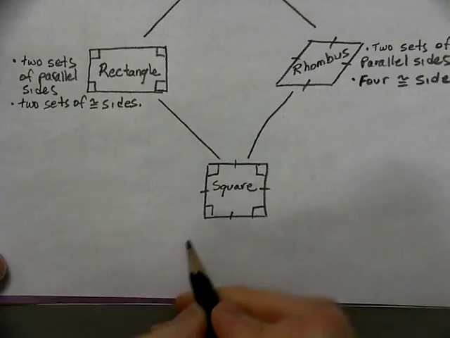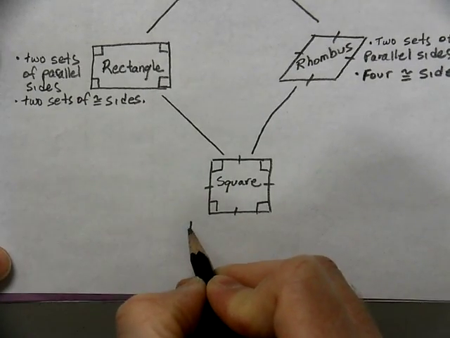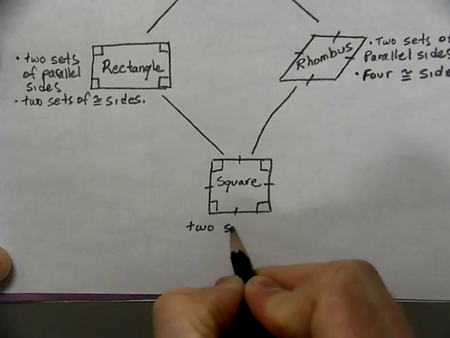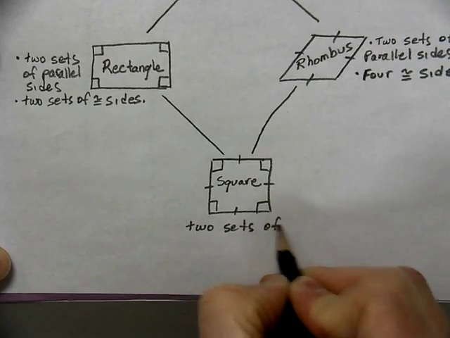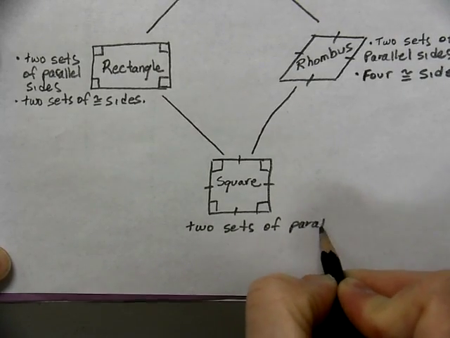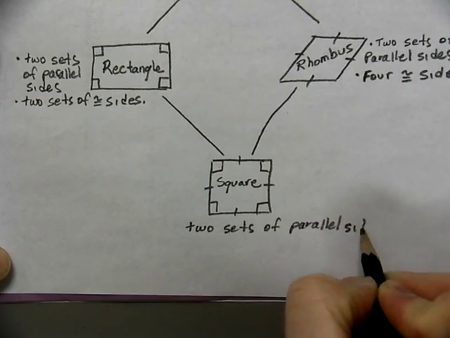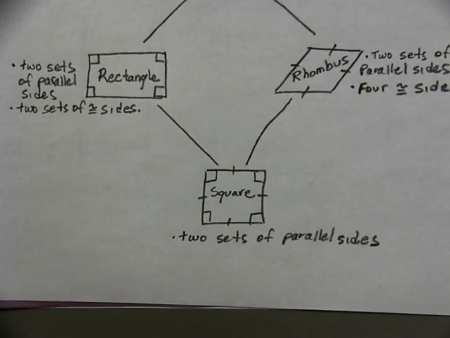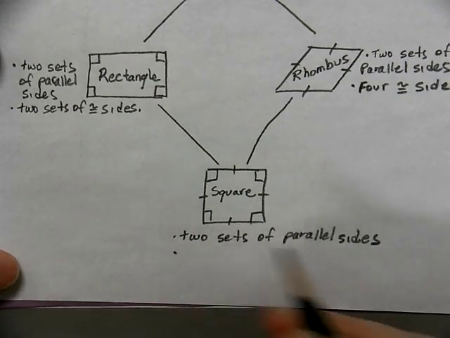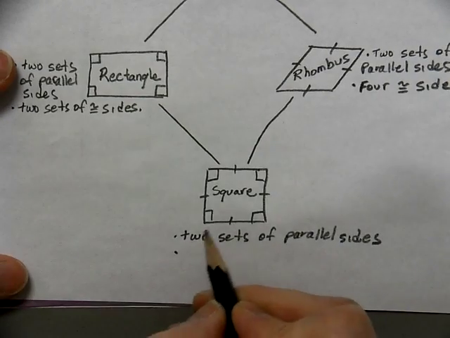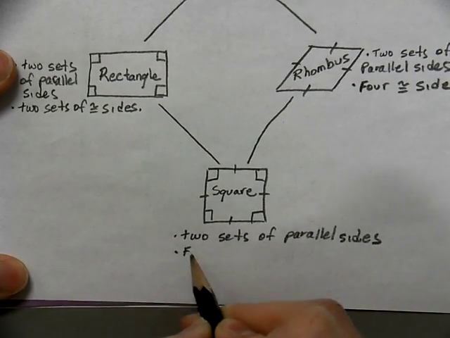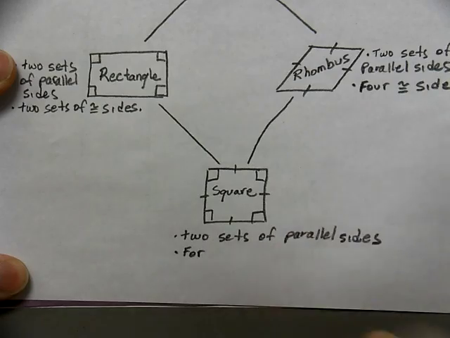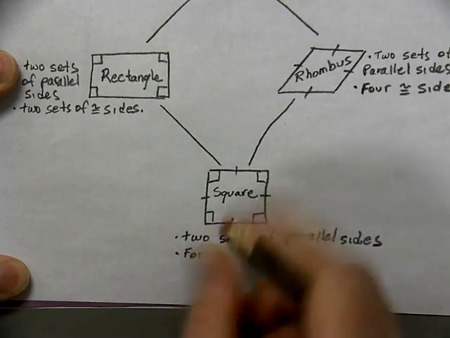So what we have here, we have two sets of parallel sides and in terms of the sides, we have four congruent sides.